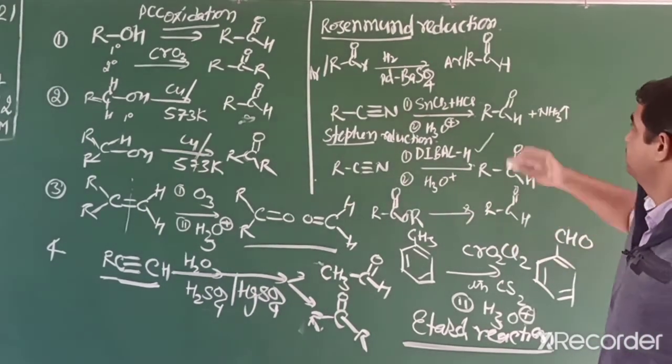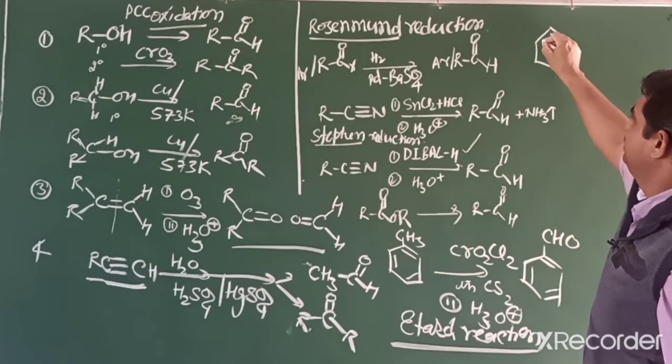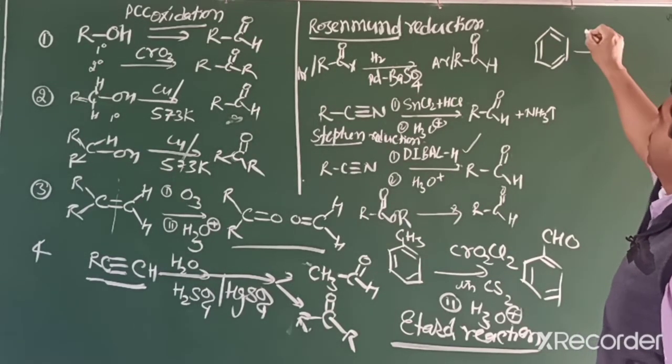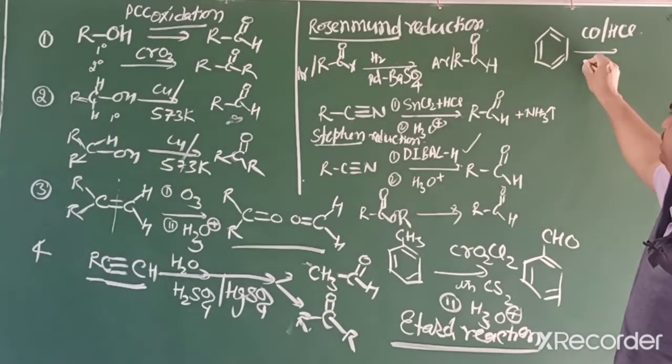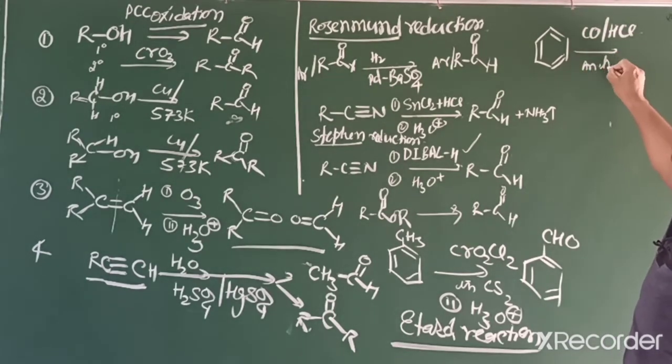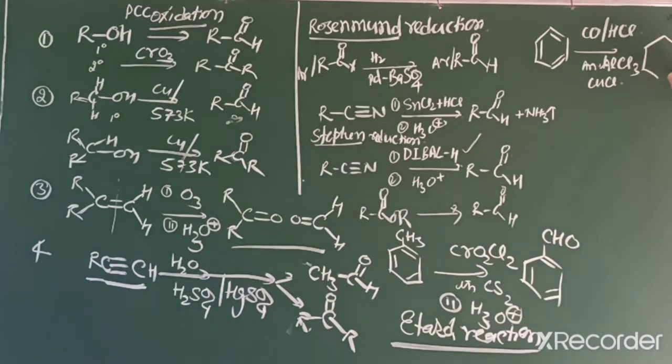If benzene further reacts with carbon monoxide and HCl in presence of anhydrous aluminium chloride or cuprous chloride, the product is benzaldehyde. This reaction is known as Gattermann-Koch reaction.